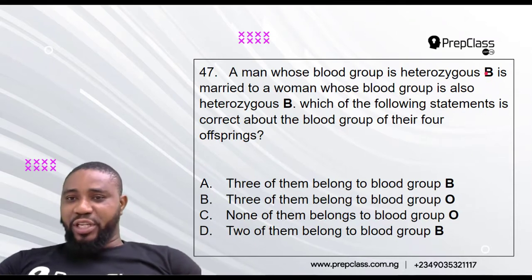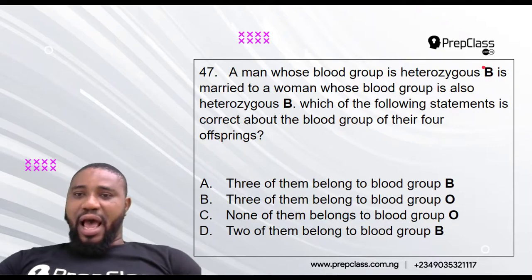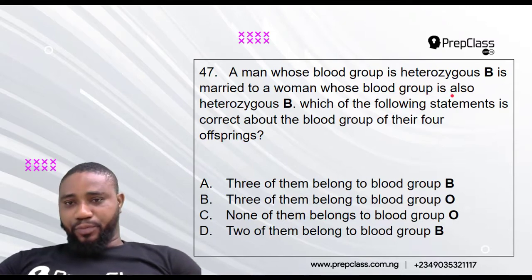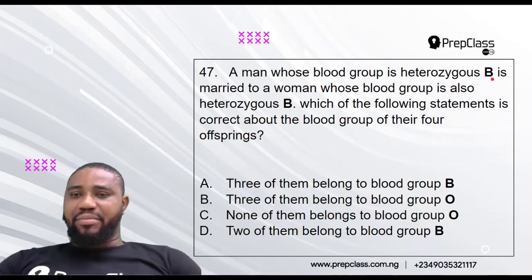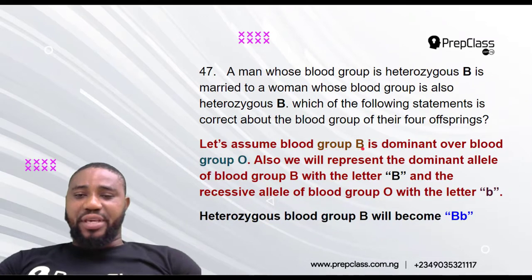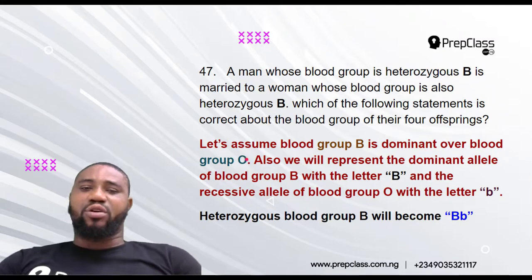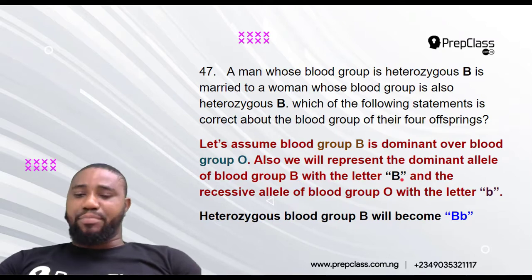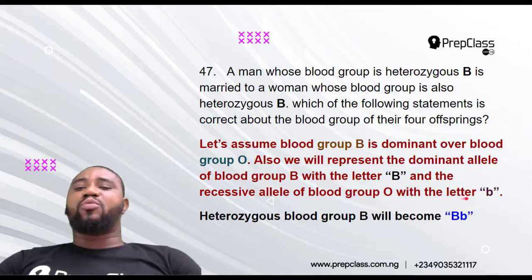Heterozygous B. Since they didn't say O, they use capital letter B. That means that they have a gene for B and O. So since they are mentioning B, that means B is dominant over O. So I said, let's assume that blood group B is dominant over blood group O, because they say heterozygous B. Also, we will represent the dominant allele of blood group B with letter B, and the recessive allele of blood group O with small letter b.